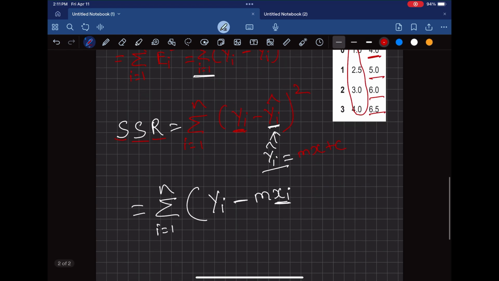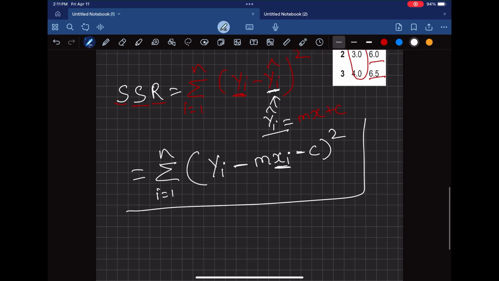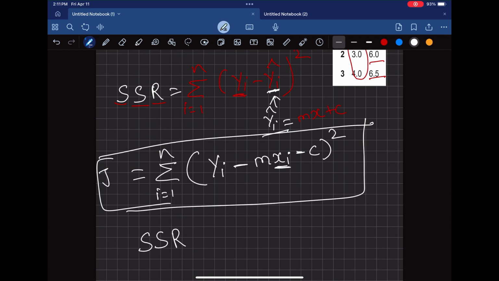So minus, since we are applying this equation here, the minus will be multiplied for both the terms, so c, whole square. This is called the cost function, or you can also call it the sum of squares of residuals, as we are summing the total error, the residuals.